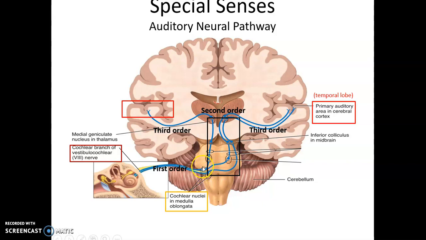They will then synapse with the second order sensory neurons within the medulla oblongata, and they will get transmitted up to the thalamus, where the second order sensory neurons will synapse with the third order sensory neurons that will then carry the signal to the primary auditory area in the temporal lobe. And what you can see here is that a lot of that signal will go to the primary auditory area on the opposite side of the ear, which is pretty wild.